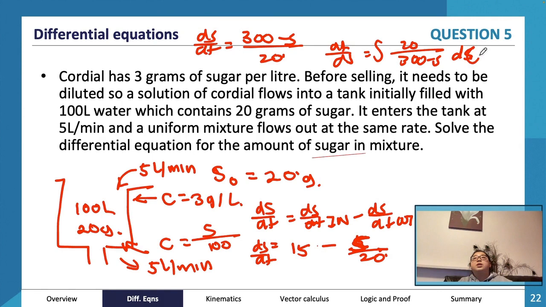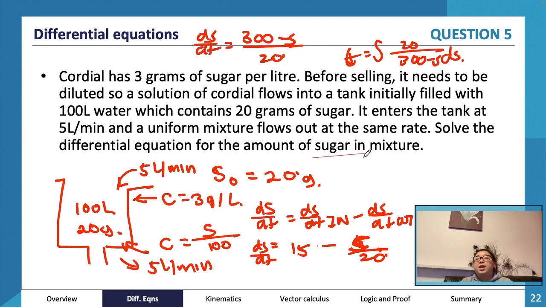dt, sorry, not dS. Yes, dS. So it's going to be equivalent to that. And then if you wanted to find t, it is just going to be equivalent to this dS. Cool.